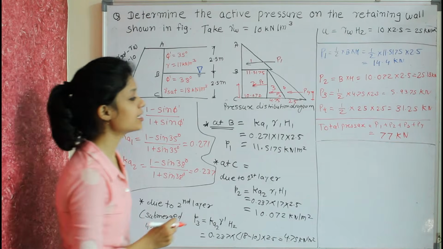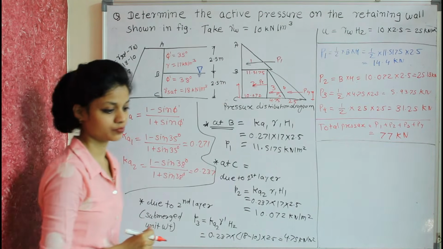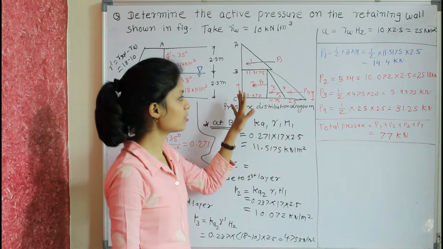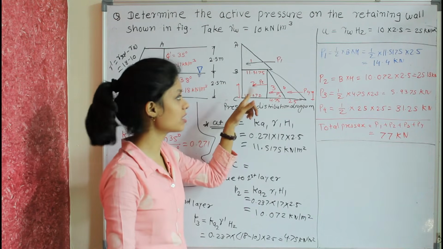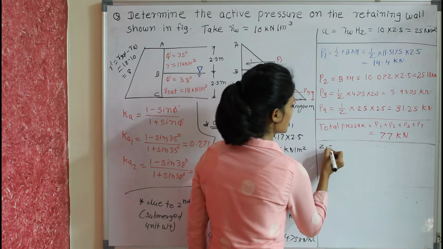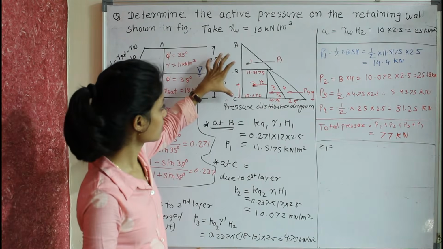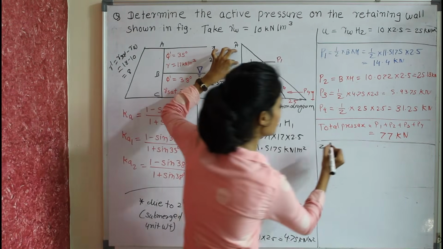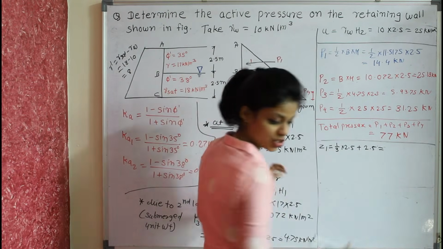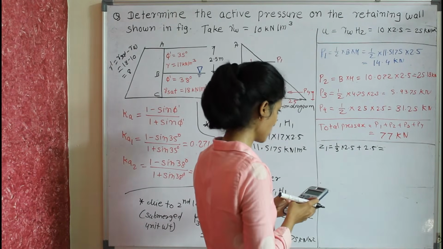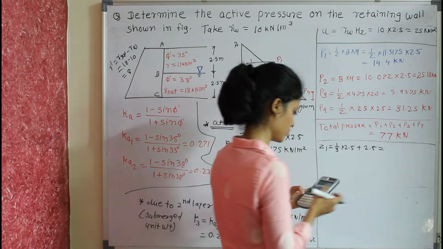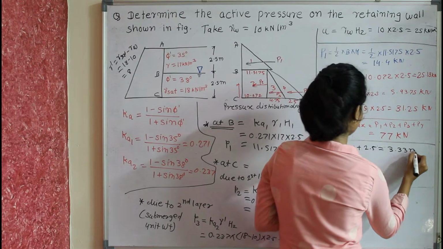Okay. Therefore, first we calculate the CG of each individual section, then we will calculate the CG of the whole section. So the CG of the first section is Z1 equal to 1/3 of 2.5 plus 2.5, which is 2.5 upon 3 plus 2.5, equal to 3.33 meter.